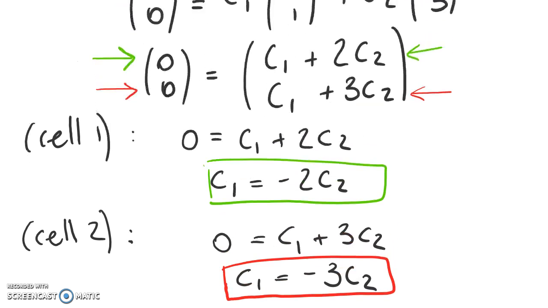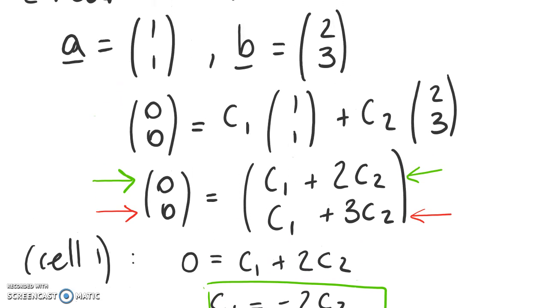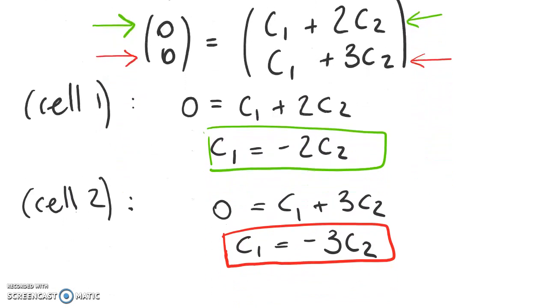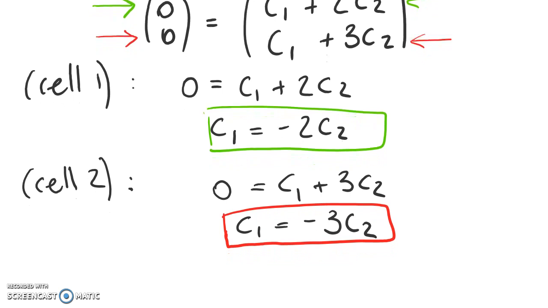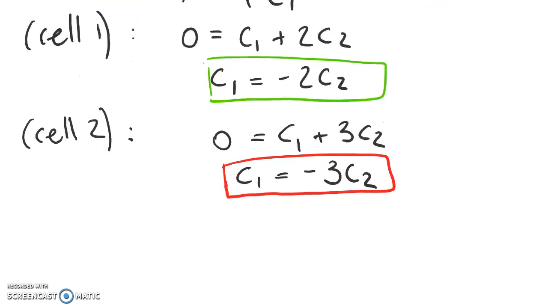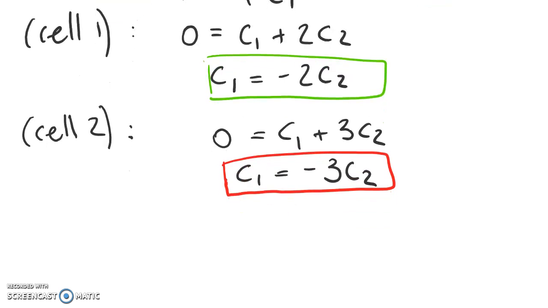Okay, so to be able to satisfy this (0, 0) equal to our linear combination of A and B, we need to make sure that C1 equals minus 2C2 and C1 equals minus 3C2. Straight away we can see there's a little bit of an issue here because we're looking at minus 2C2 and minus 3C2. But let's have a look.